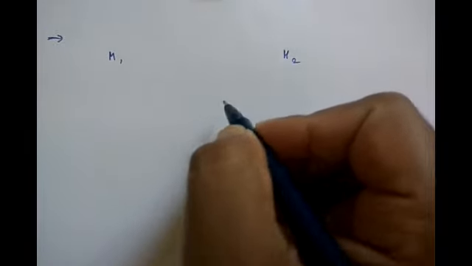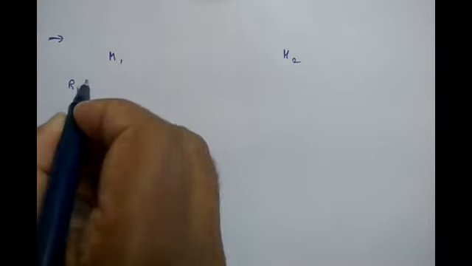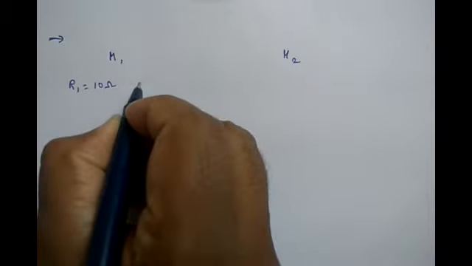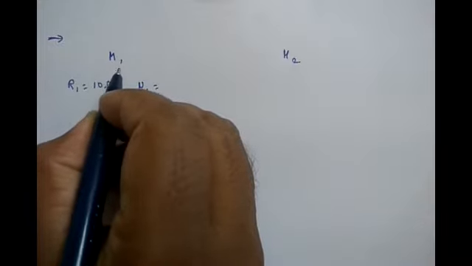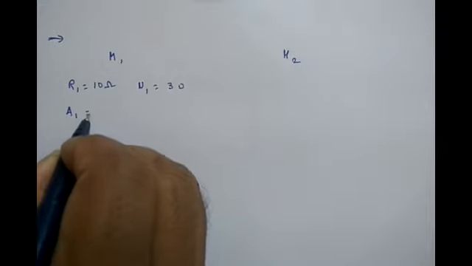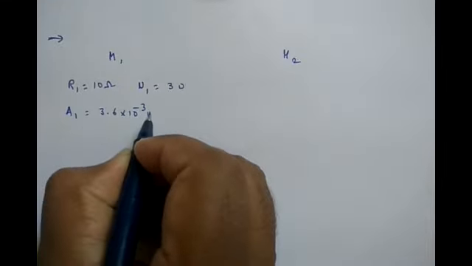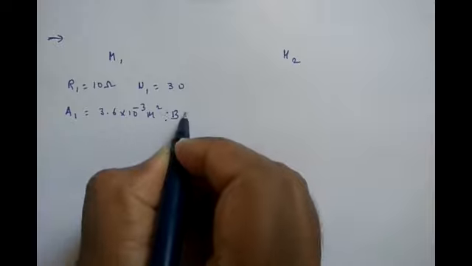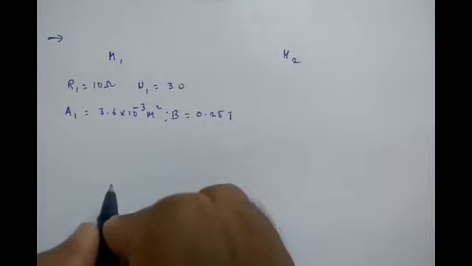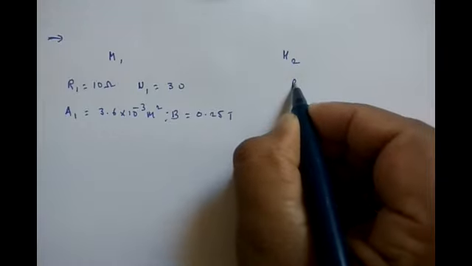And the specifications are given as R1 equals 10 ohm, means resistance of first coil is 10 ohm, and number of turns in the first moving coil galvanometer is 30, and area of loop is given as 3.6 into 10 power minus 3 meter square, and magnetic field is 0.25 Tesla. So these are the specifications of first galvanometer.